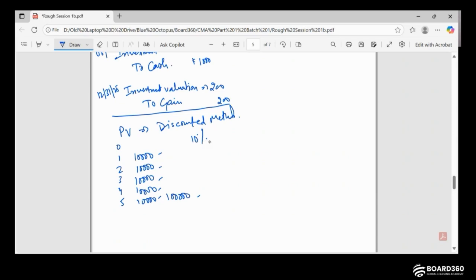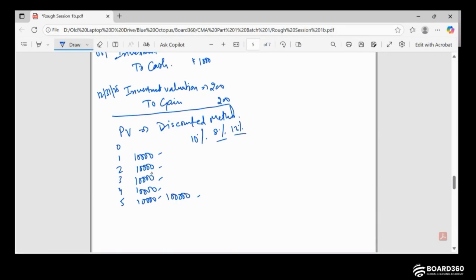And the market rate can be either 8%, 10%, or 12%, maybe higher or lower than this, right? So if let's say the market rate is 8%, then what will happen? Actually, you are getting 10% through this investment, but the market rate is 8%. That means you have to pay a premium on it, right? If the market rate is higher, then obviously you will ask for a discount.